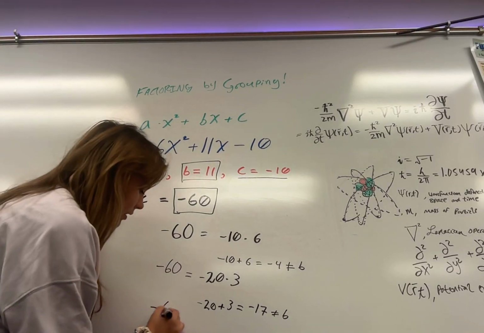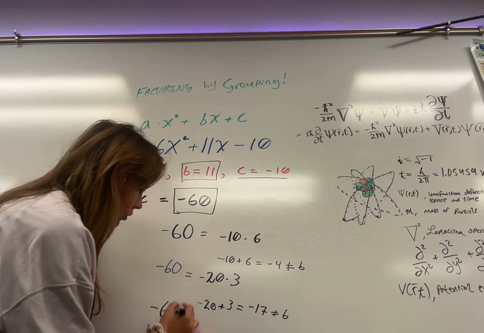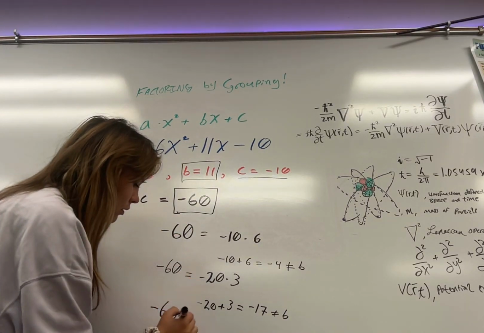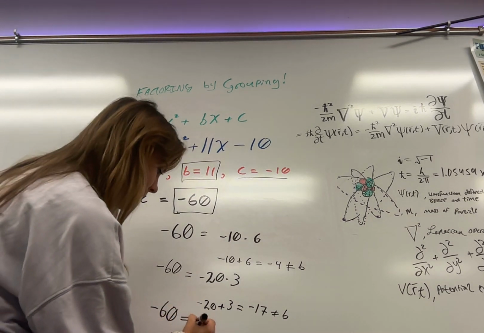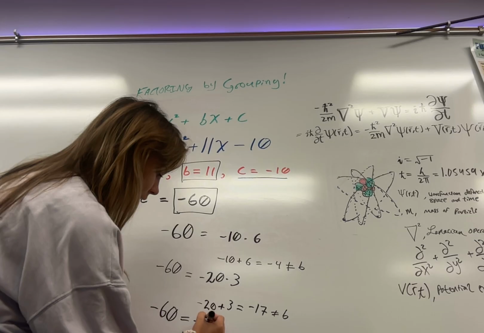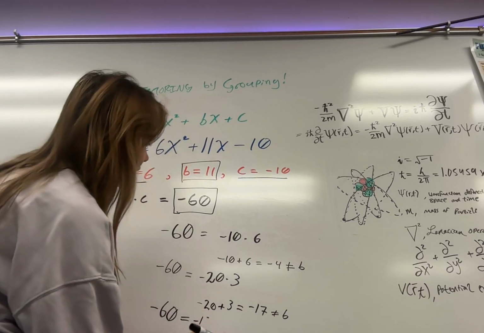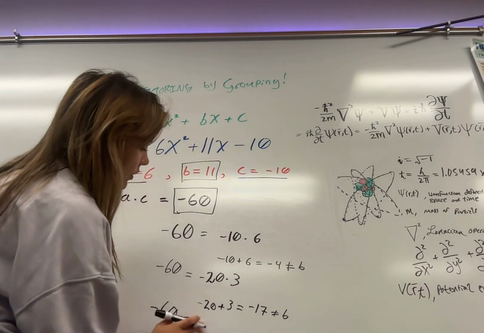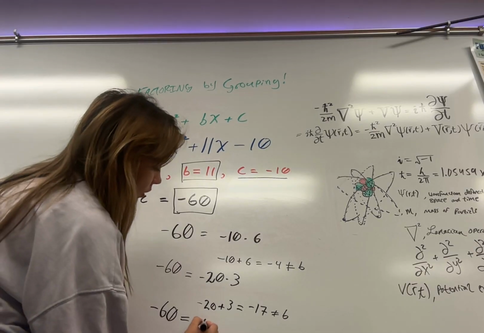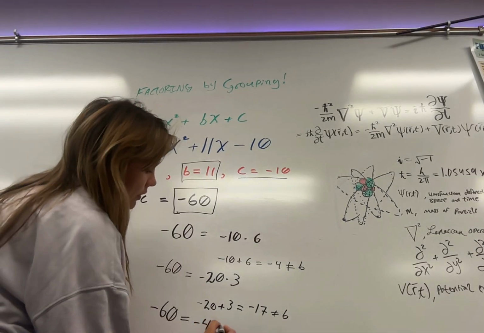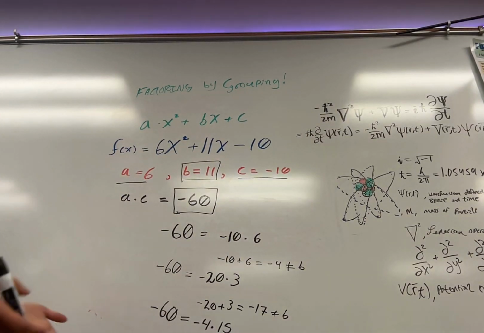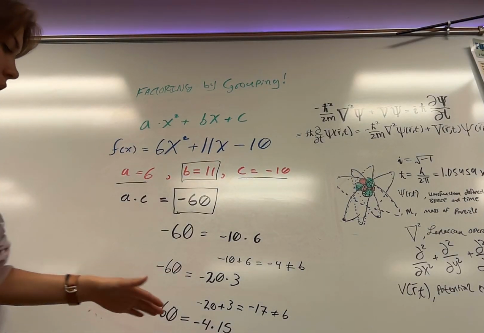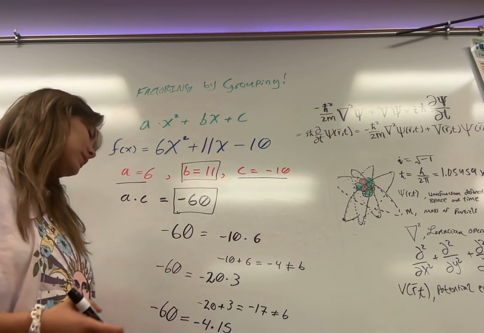Negative 60 is also equal to negative 15. Sorry, I'm going to actually reverse these. It's equal to negative 4 times 15. It is also equal to negative 15 times 4, but you'll see why I chose this specifically to be this way.